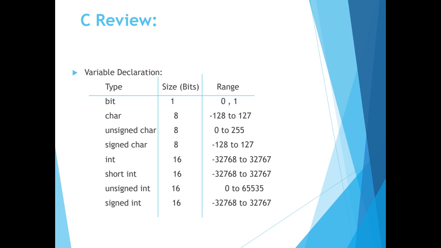And we said that for declaring variables of the kind which are real numbers, we should use double or float. For example, suppose that you have a real number, and if you use, for example, signed int, unsigned int, or any type of int variables, your program will not be executed and you will have an error, or your compiler will not execute the program because your variable declaration isn't correct.